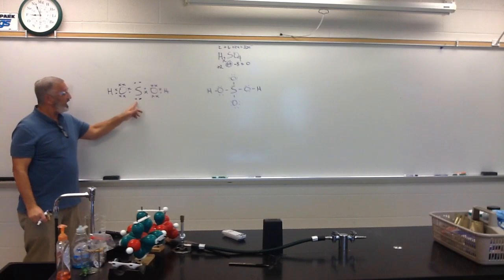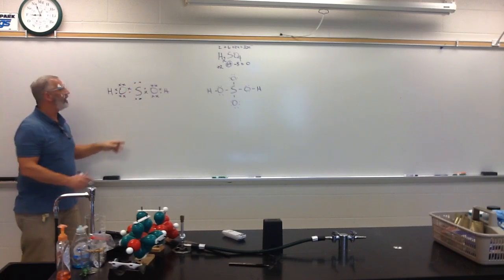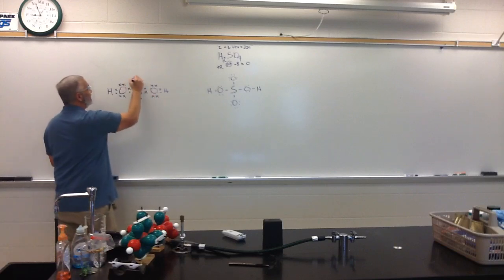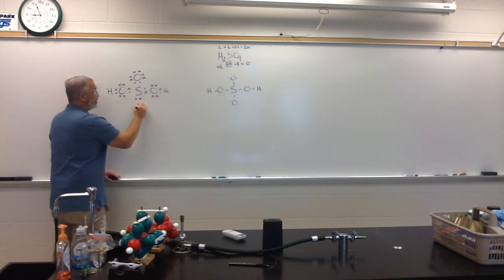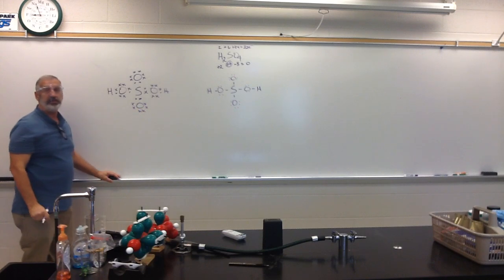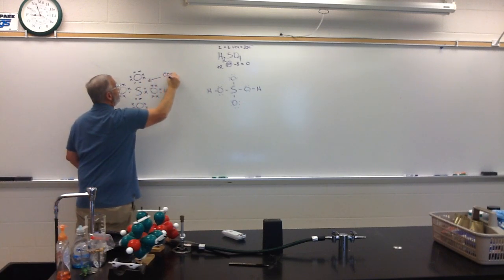Well, how does oxygen bond here when it's already got a lone pair? Well, oxygen has 6 electrons, and they can actually just rearrange and bond like this, to where both electrons of the shared pair come from the sulfur. This is called a coordinate covalent bond.